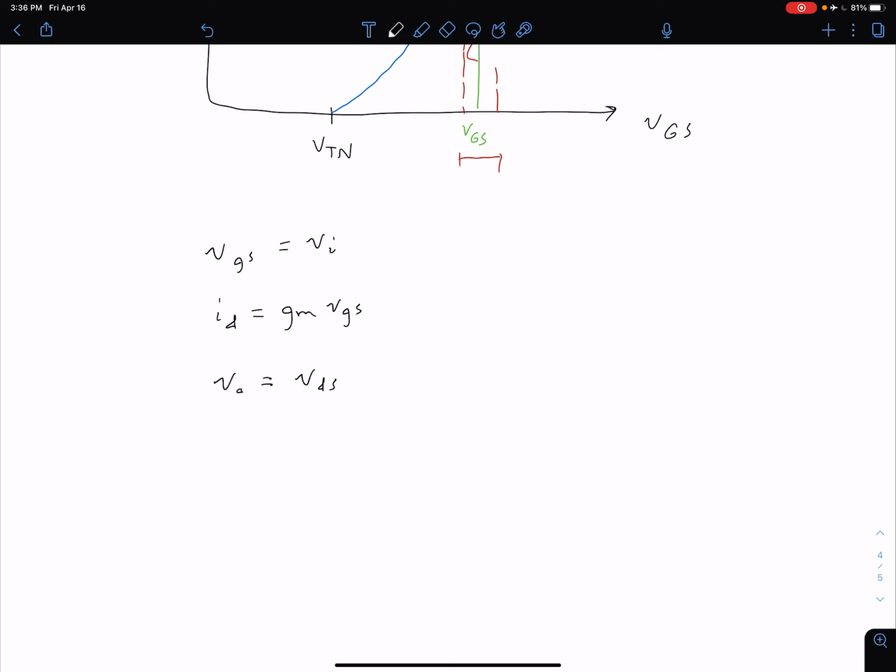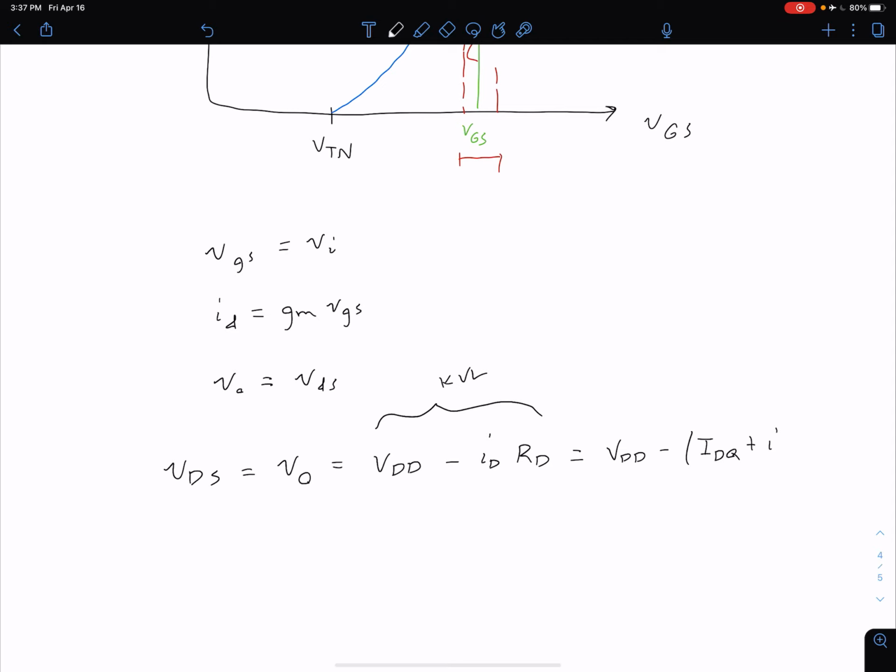The same basic idea is we can say our overall drain to source voltage is equal to the overall output voltage, and that is equal to VDD minus our overall ID times our RD. That's just from KVL on that drain to source loop. Then we plug in for our ID, so this becomes VDD minus our ID, which is our DC component plus our AC component, times RD.